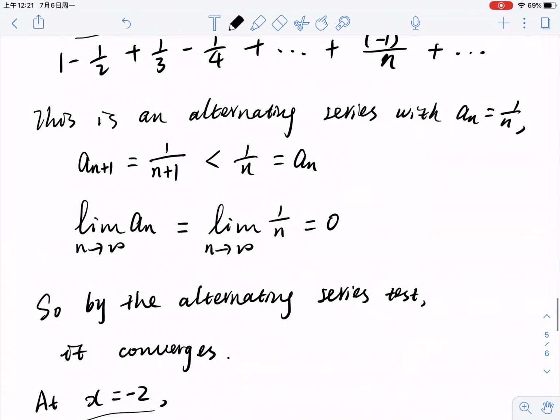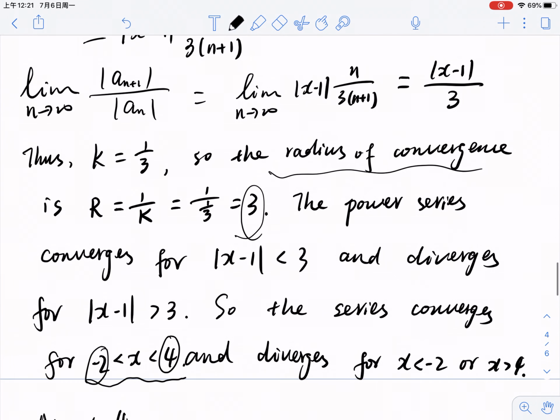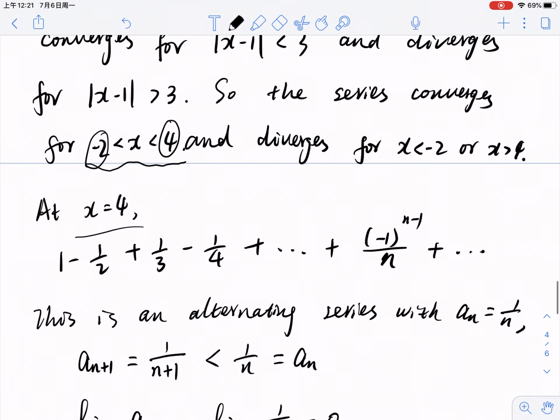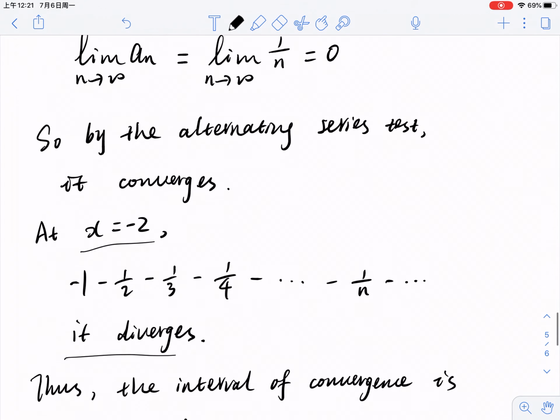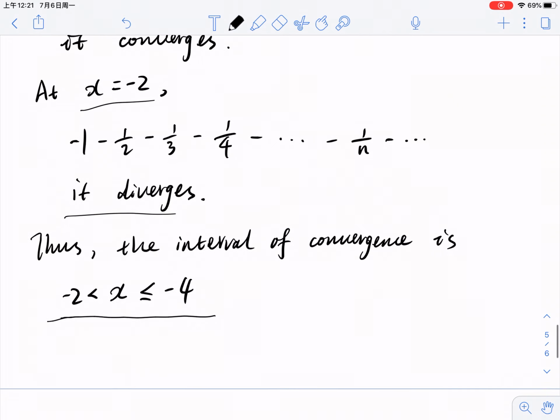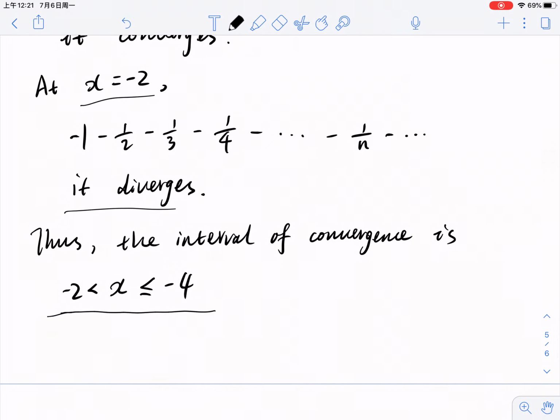So the radius of convergence is 3, and the interval of convergence of the series is from -2 to 4, with 4 included but -2 not included.